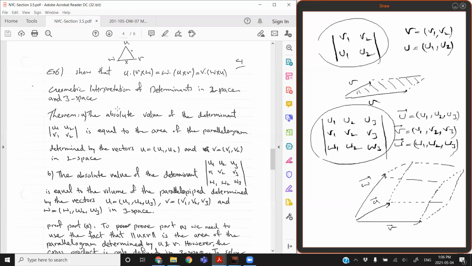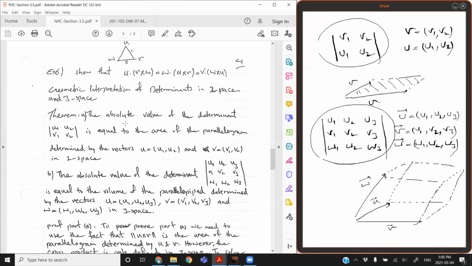So in two-dimensional space, the determinant of a 2x2 matrix can be thought of as an area, and in three-dimensional space, the determinant of a 3x3 matrix can be thought of as a volume of a parallelepiped that is determined by the rows of that matrix.